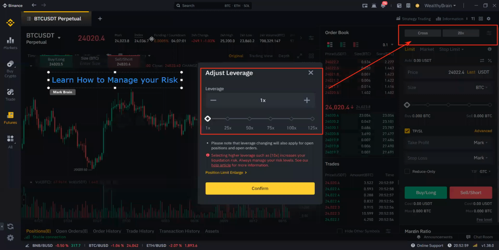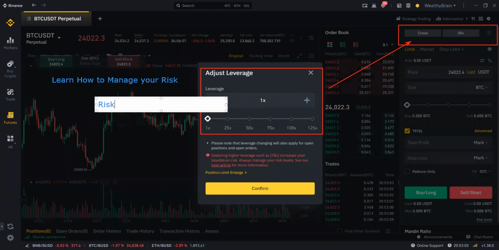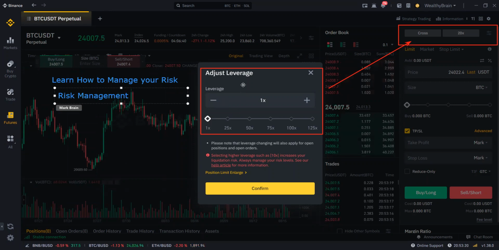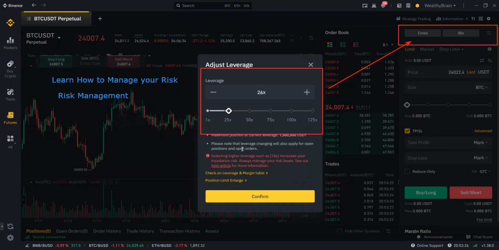So in this, you can use between 1x to 125x. The higher the leverage, the higher the profit, and the higher the risk. Are you getting it now? The higher the leverage, the higher the profit, but the higher the risk. So let's assume you wanted to trade on 25x using this BTC, because the pair we are trading here is BTC and USDT.